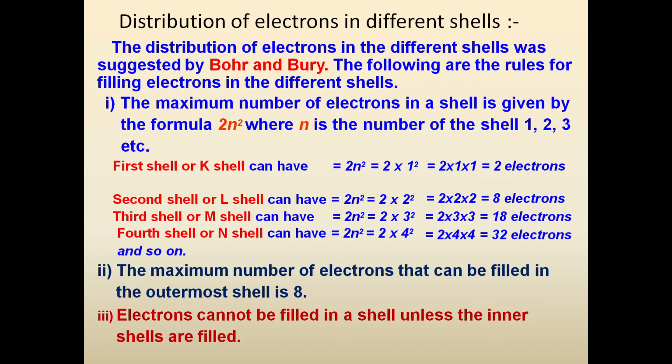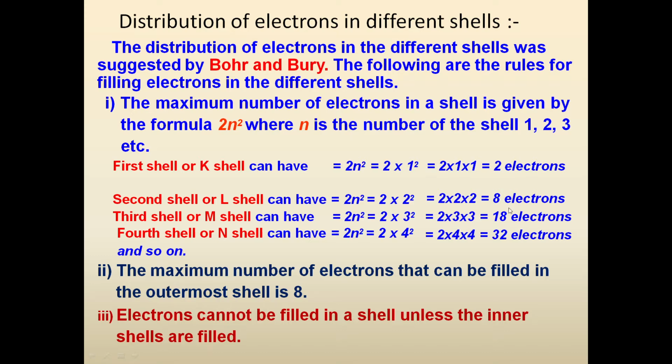So from this rule, we can write that the first shell or K shell will have 2 into 1 square, that is 2 electrons. So at the maximum, 2 electrons can be accommodated in the first shell. Similarly, in the second shell, there can be 2 into 2 square, that is 8 electrons.